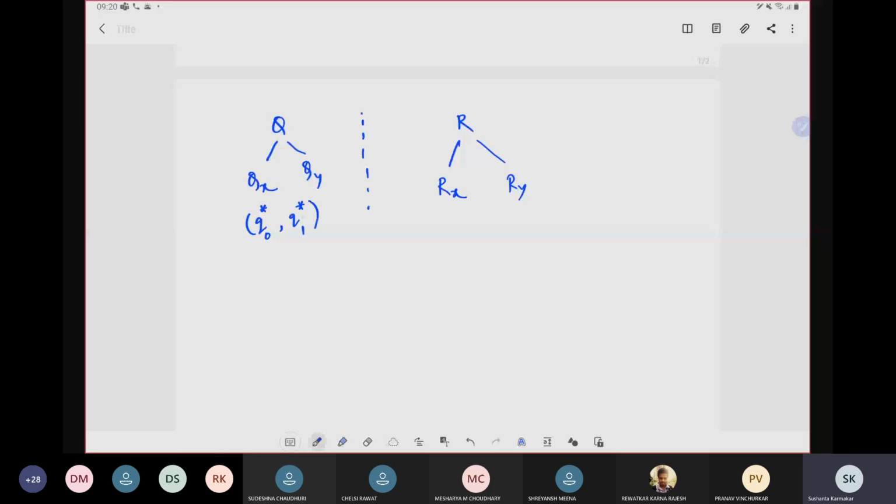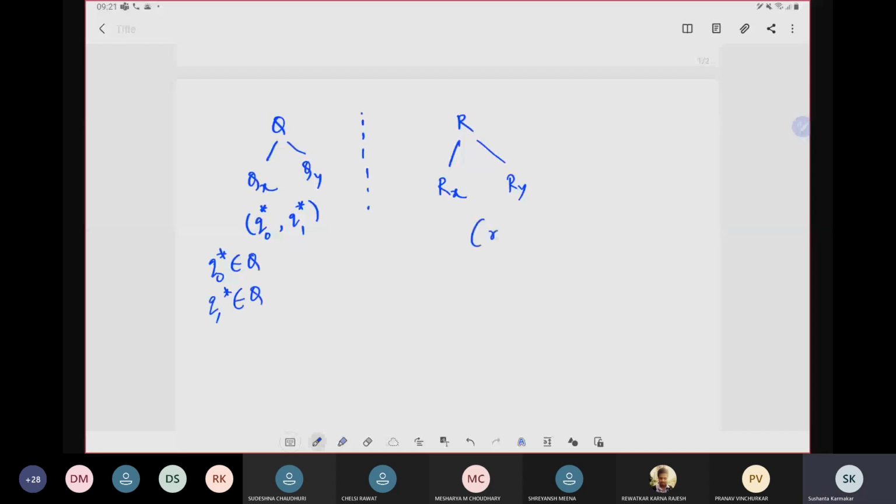Let's say we designate two special points, Q0 star and Q1 star, such that Q0 star is an element of Q, Q1 star is an element of Q, and they are the closest.